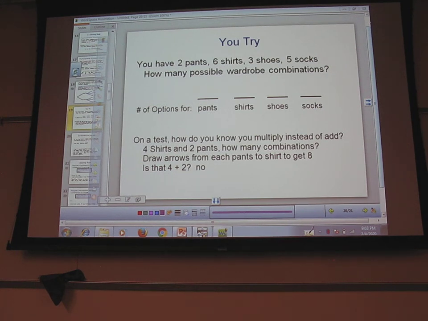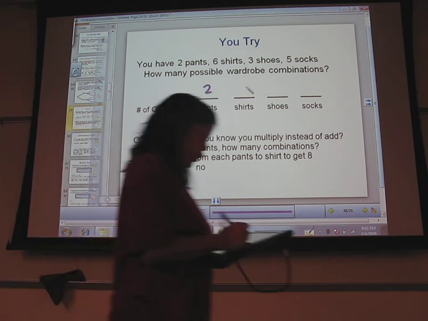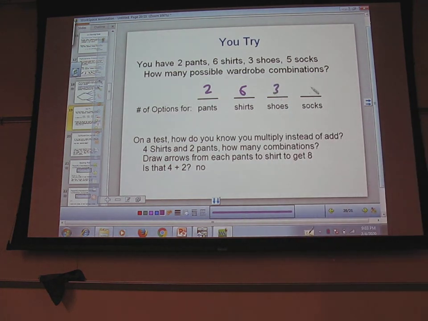Okay, so how many options for pants? How many options for shirts? Shoes? Socks? What are you going to do with those all? Multiply them. Great. So shortcut, obviously take your 2 and your 5 first. That makes 10. 6 times 3 is 18. And then add a 0 for the 2 and the 5.